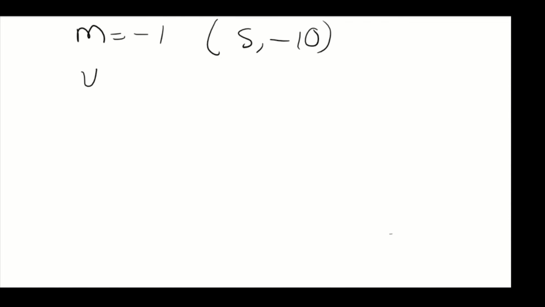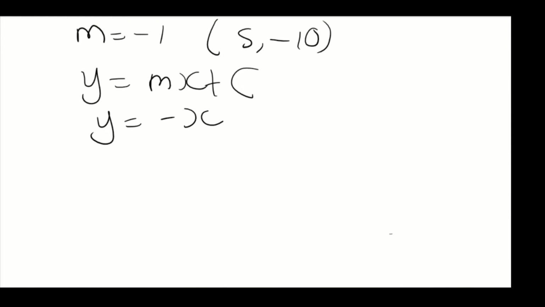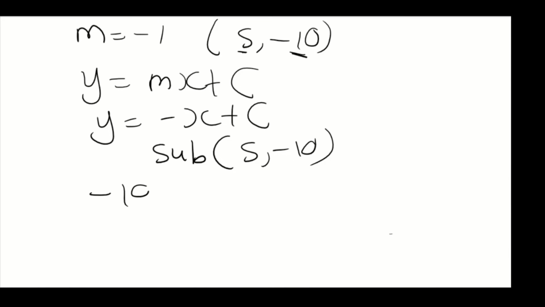Another thing that we'll need is y equals mx plus c, knowing very well that our m is -1, so it's minus x plus c. Then we substitute our point, which is our vertical and horizontal asymptotes, 5 and minus 10. Then minus 10 equals minus 1 times 5 plus c.